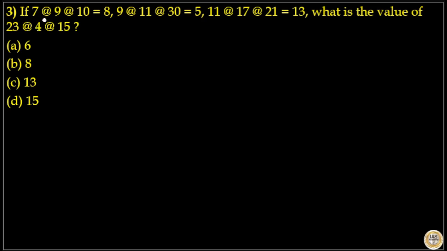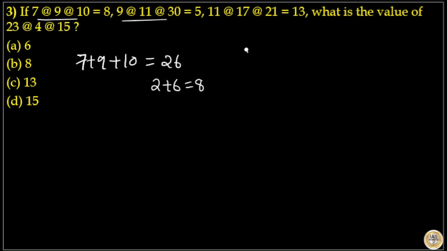Here you can see 7 plus 9 plus 10 is equal to 26 and 2 plus 6 is equal to 8. Same way, in the second case, you can see 9 plus 11 plus 30 is equal to 50 and 5 plus 0 is equal to 5.